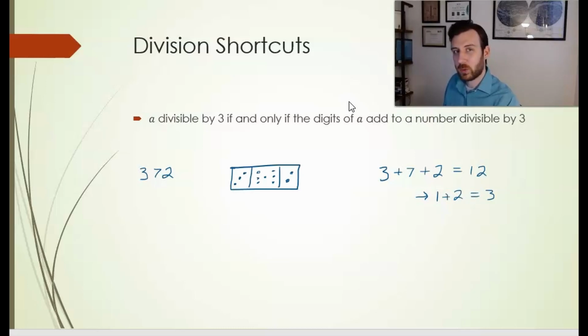This is a very weird cadence, a weird shortcut. So let's look at it from the other direction. Let's begin with a dot diagram that represents 3. We'll create our diagram with our ones, tens, and hundreds place, and only put 3 dots on the inside.